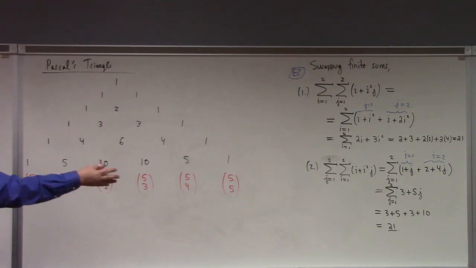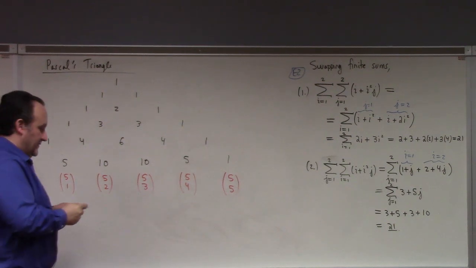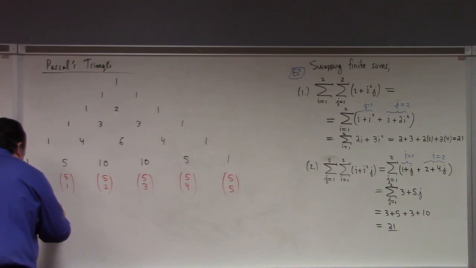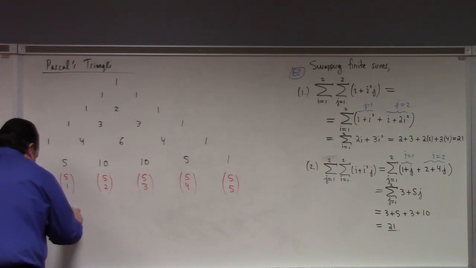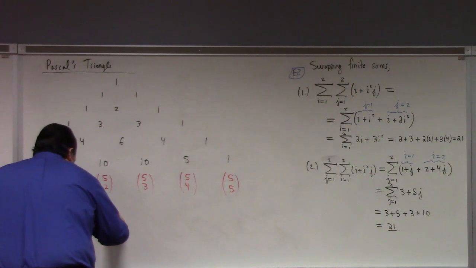So we can calculate binomial coefficients with Pascal's triangle, or if you remember this formula over here, you can just apply that directly. So for instance, if I had x squared minus 3y, and I wanted to calculate it to the 5th power, I could just write it down.